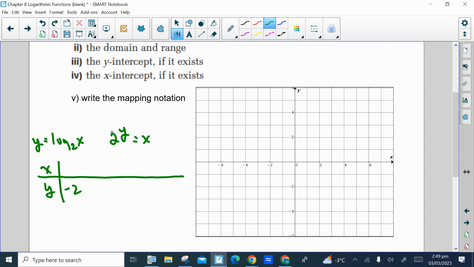When y is negative 2, x will be 2 to the negative 2, or 1 over 2 squared, or 1/4. When y is negative 1, x will be 2 to the negative 1, or 1 over 2 to the positive 1. When y is 0, anything to the power 0 is 1. When y is 1, 2 to the 1 is 2. When y is 2, 2 squared is 4.